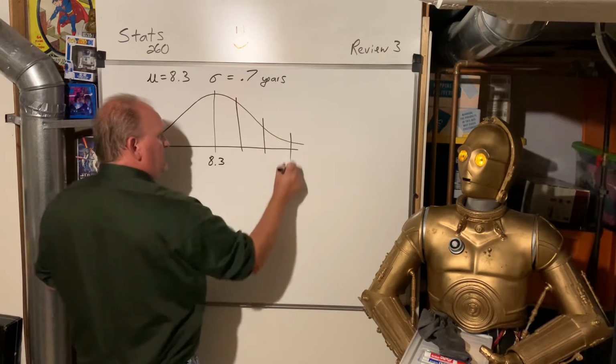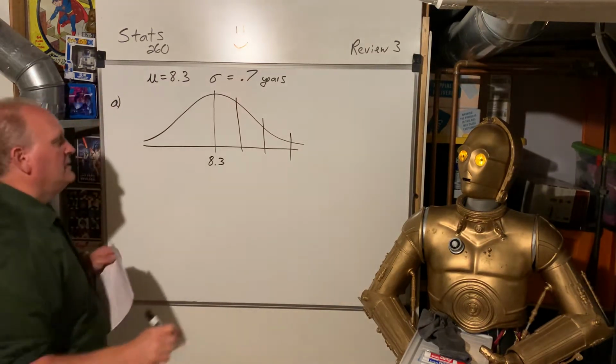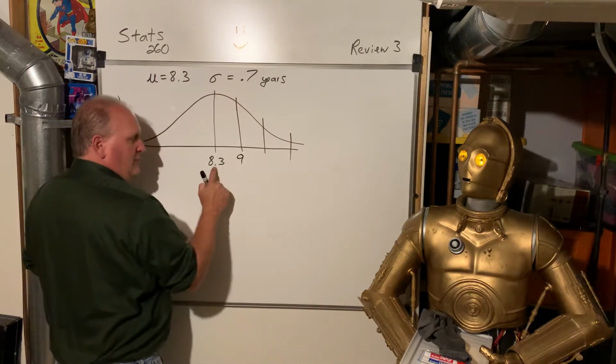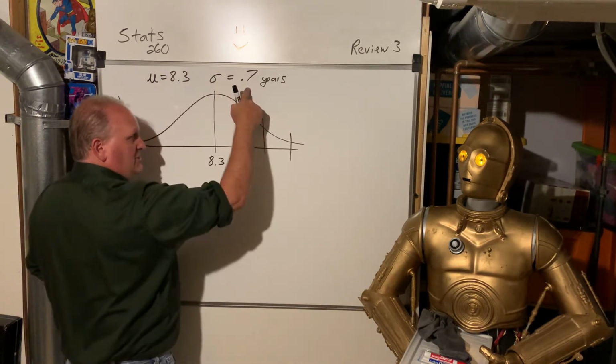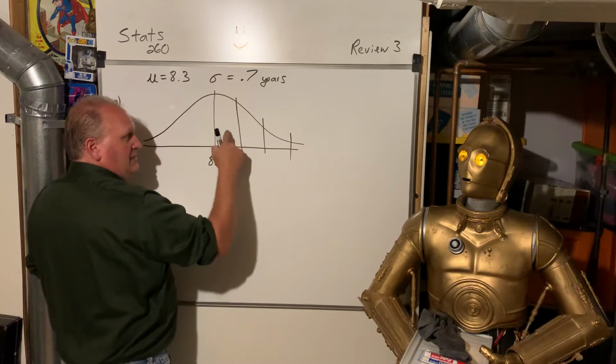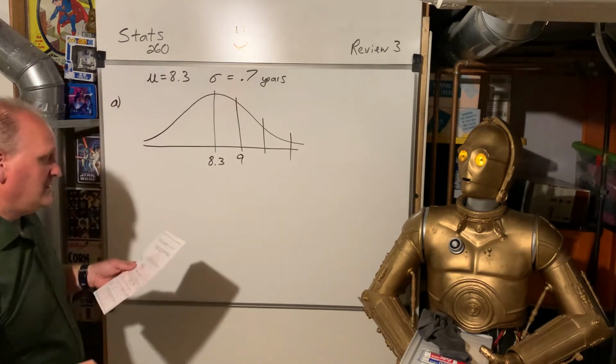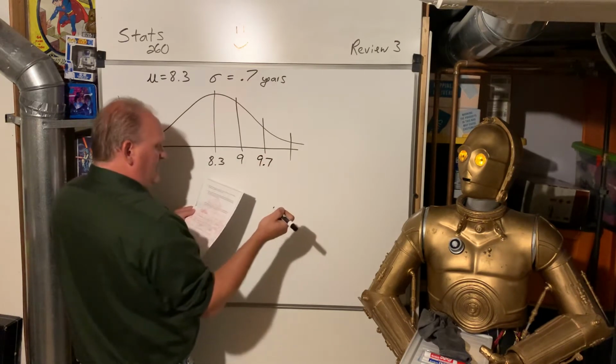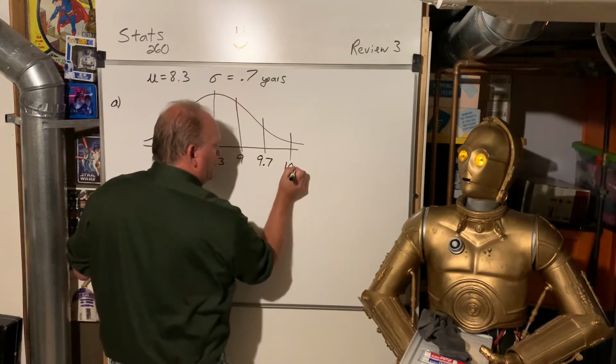1, 2, 3 standard deviations above the mean. If I add 0.7 to 8.3, 1 standard deviation above the mean, this is z equals 1, but it's actually 9, and then I add it again, that's 9.7, and then again, that's 10.4.